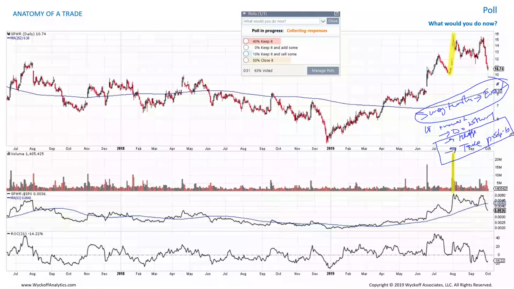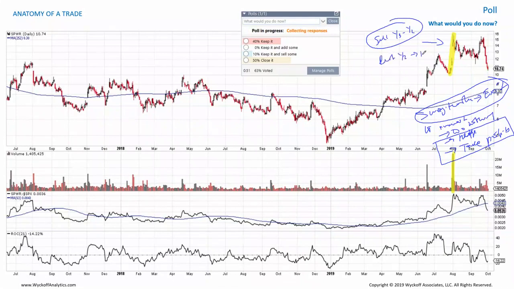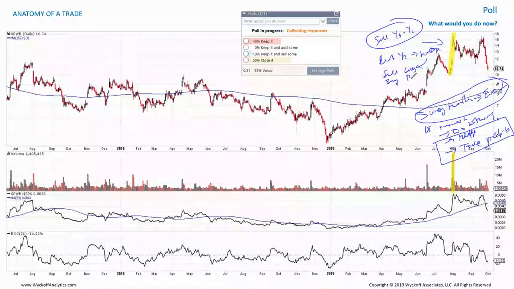You could take some profits, let's say sell 1/3 to 1/2 of the position, and then for the other half of the position you can hedge. The way you hedge, you could sell premium, sell calls, you could buy puts, whatever strategy you could have.